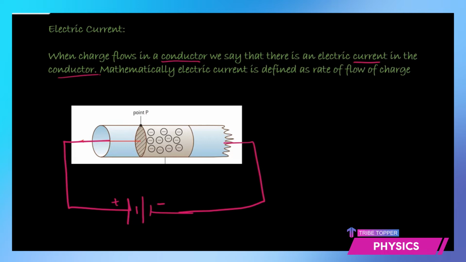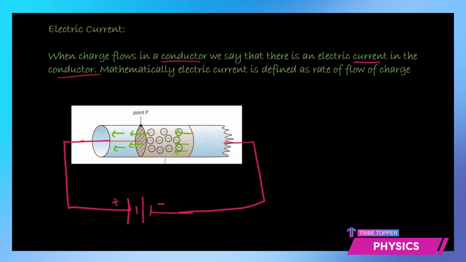All the electrons will be directed towards the positive terminal, and they will be repelled from the negative side, because we know like charges repel and unlike charges attract. So the negative terminal pushes or repels these electrons, and they are pulled towards the positive terminal. This way a current begins to flow. We say an electric current is set up in the conductor.